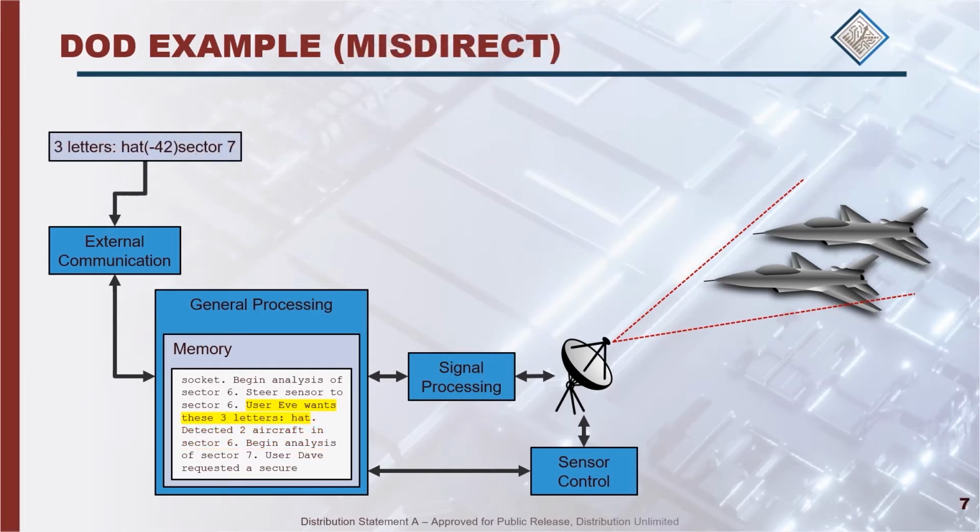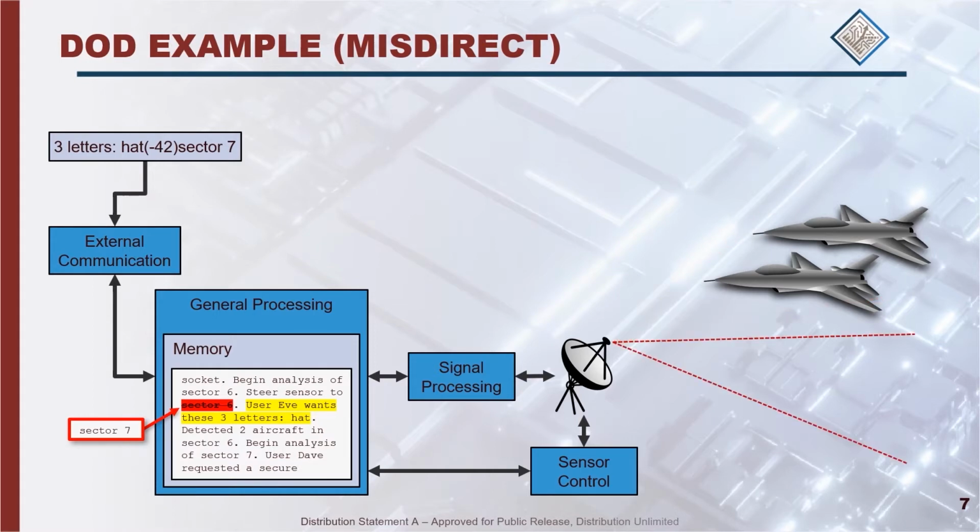In another example, a misdirecting sort of example, I'm going to assume we've got a much more complicated, malformed message coming in through the external communication. In this case, the word hat plus some backup and a different set of characters. Again, it starts by picking off the word hat, but then backs up 42 characters and overwrites something with Sector 7, which was Sector 6.